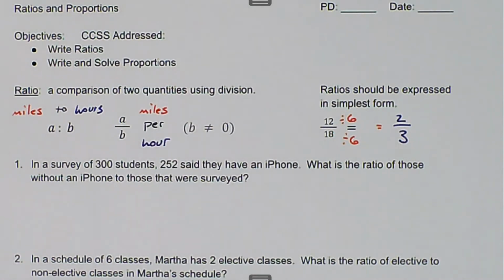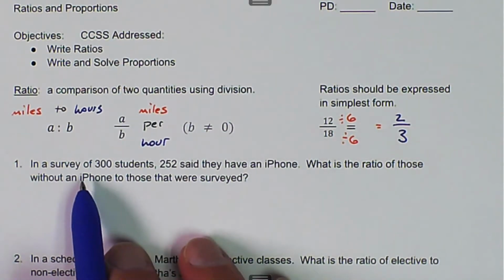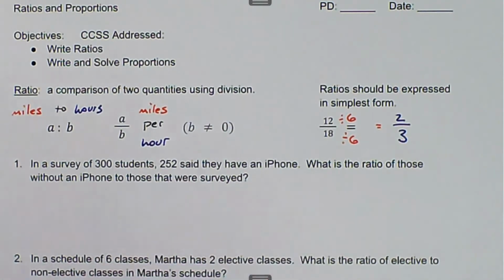So we have a couple example problems here. In a survey of 300 students, 252 said they have an iPhone. What is the ratio of those without an iPhone to those that were surveyed? So first thing we have to do is find out how many people do not have an iPhone.